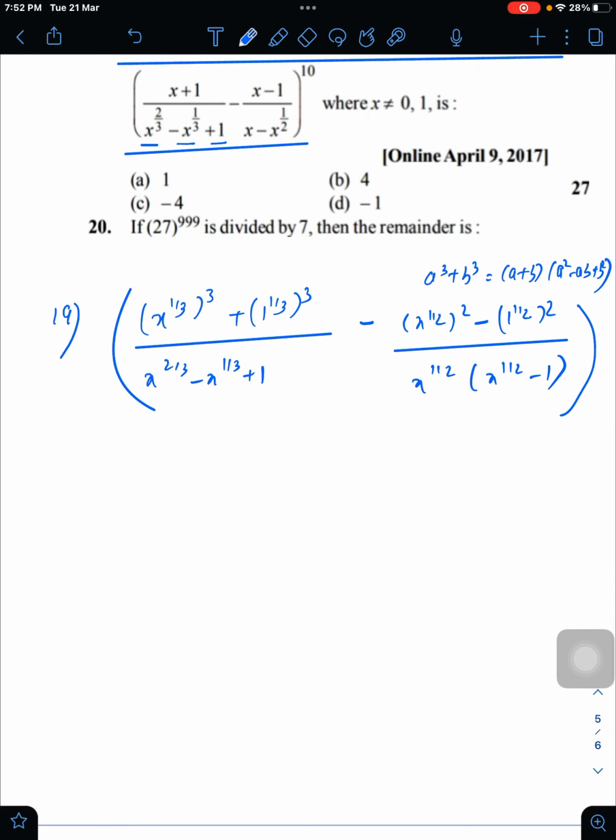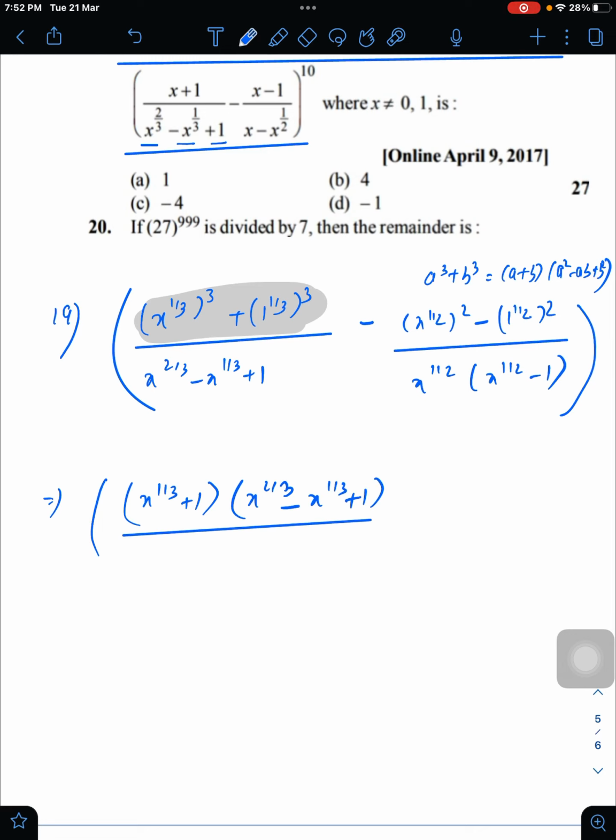So if I am using the formula for a cube plus b cube here, what I will get, beta, tell me? Sir, you will get x to the power 1 by 3 plus 1 into a square minus ab plus b square, divided by the denominator which will be the same, beta.